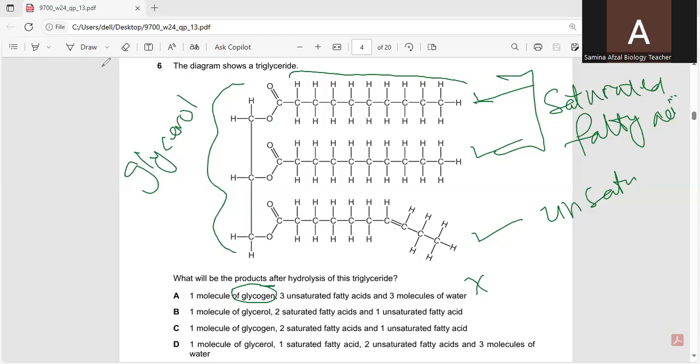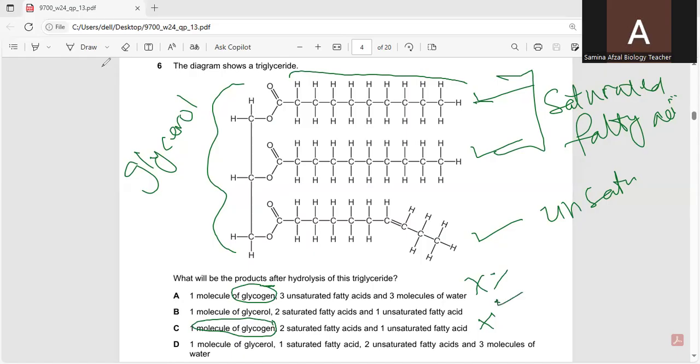Glycogen is not a fatty acid. It is a polysaccharide which is formed from glucose. So this is not the correct option. Again, the C option also has one molecule of glycogen, so this is not correct. So B has one molecule of glycerol, 2 saturated fatty acids and 1 unsaturated fatty acid, as I have already written over here.